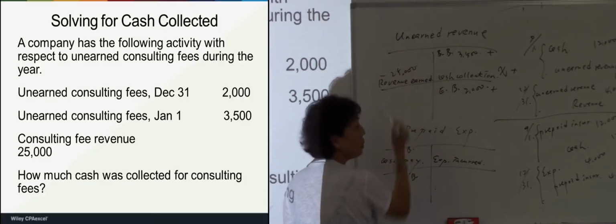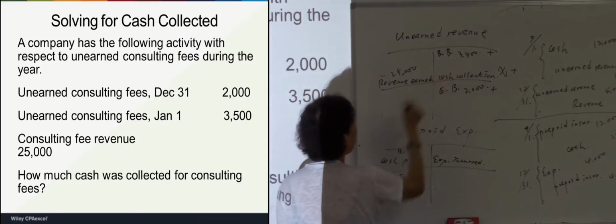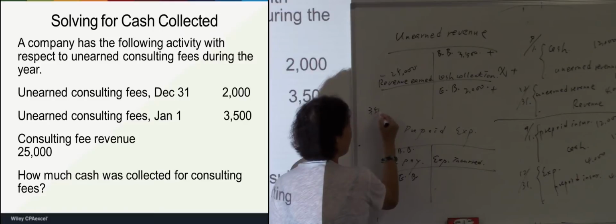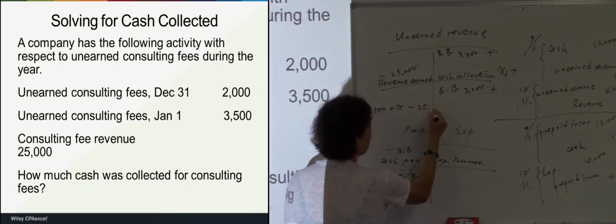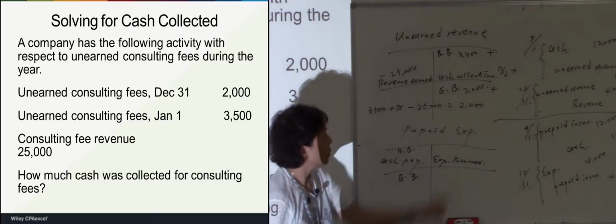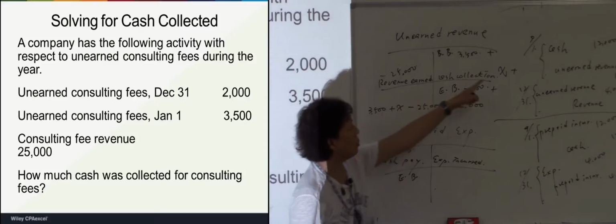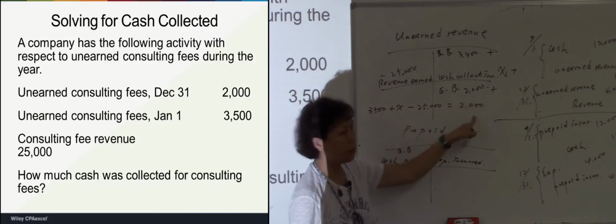If we like to put this into an equation, then I can write 3,500 plus x minus 25,000 equals 2,000. Positive, positive, negative, equals positive.